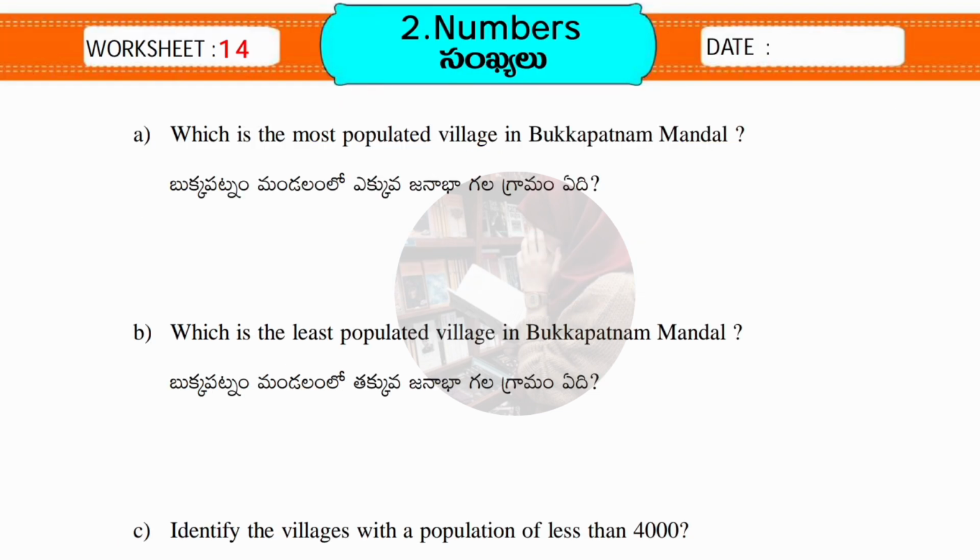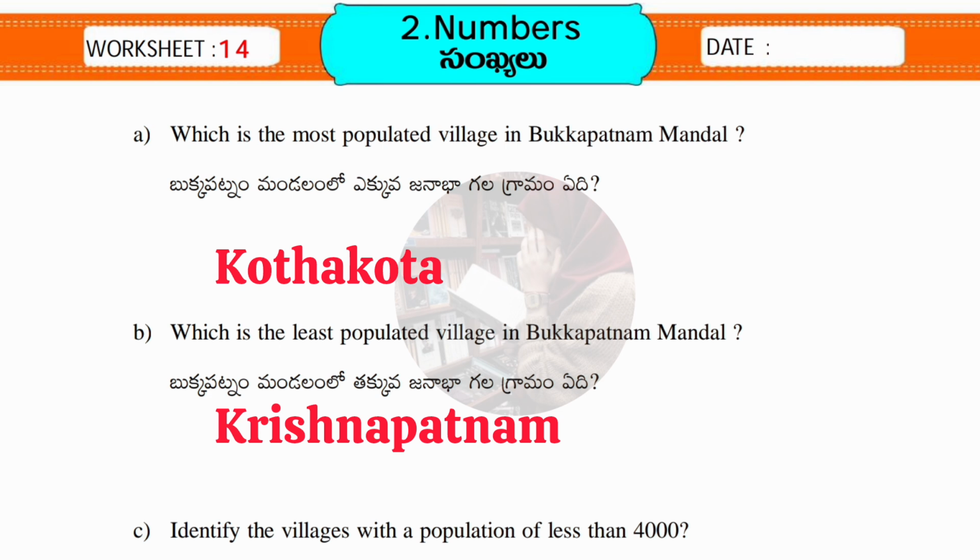Okay, let's see it, guys. So first question is, which is the most populated village in Bukkapatnam Mandal? So correct answer is Kota. Okay, next second one, which is the least populated village in Bukkapatnam Mandal? So answer is Krishnapatnam. Understood?